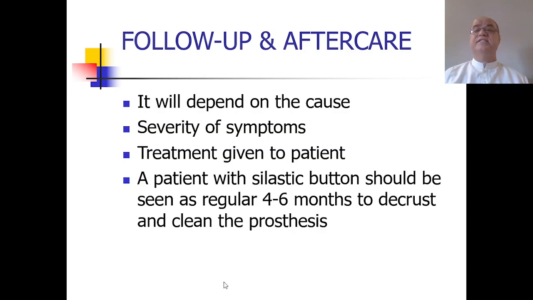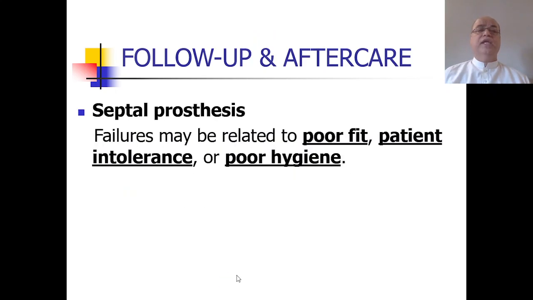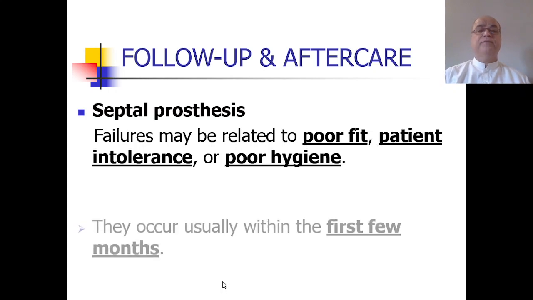Still, there can be problems with this septal prosthesis, and failures are due to the prosthesis being poorly fitted, not of proper size according to the perforation, or patient intolerance, where the patient feels discomfort, or poor hygiene which leads to repeated infections.